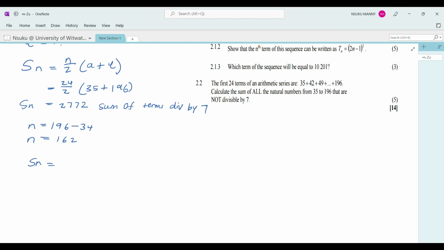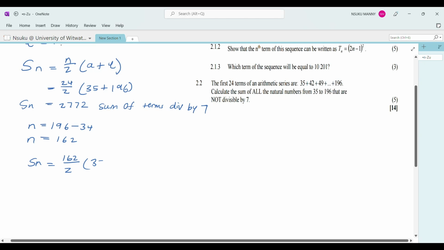Now we calculate the sum of all the terms from 35 up until 196, not of this pattern or series. I keep repeating the same thing because some people might not understand it, but we're calculating the sum of everything. The general equation is n over 2 times (first term plus last term). So n is 162 divided by 2, our first term is 35 and our last is 196.